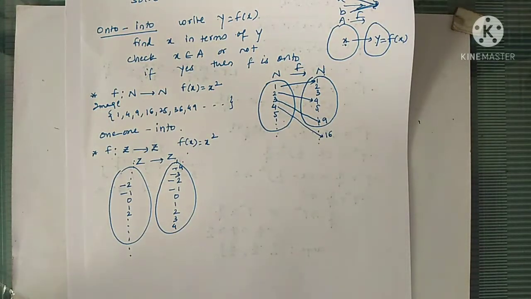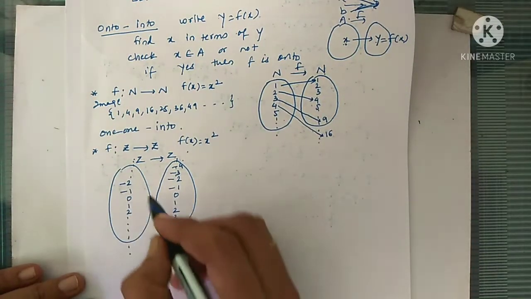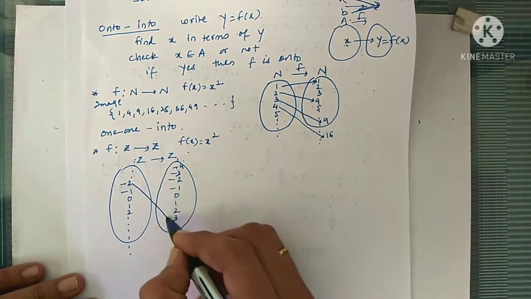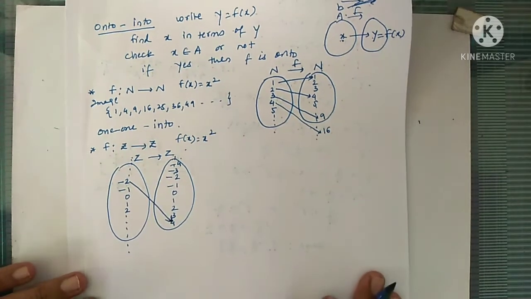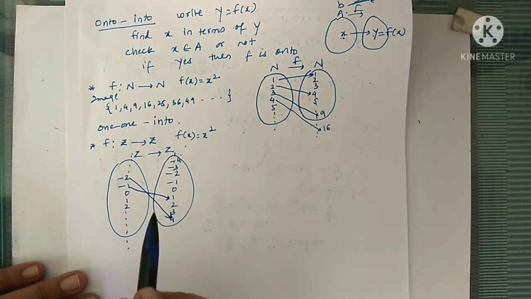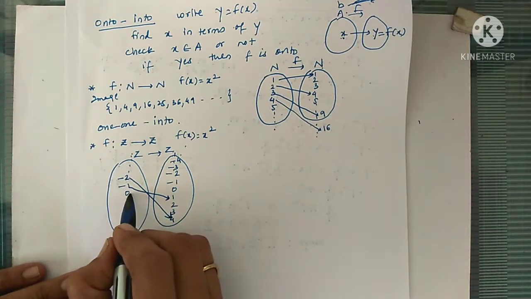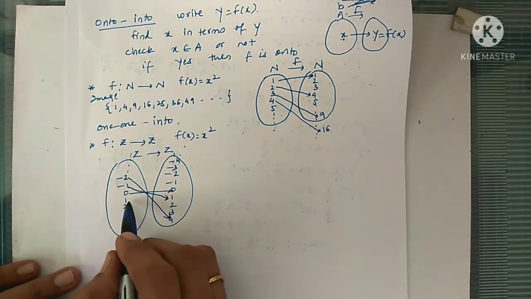So let's draw the arrow diagram. For simplicity, what is -2 square? -2 square is 4, so the arrow from -2 to 4. Now -1 square is 1, so arrow from -1 to 1. 0 square is 0, so draw an arrow from 0 to 0. 1 square is 1.